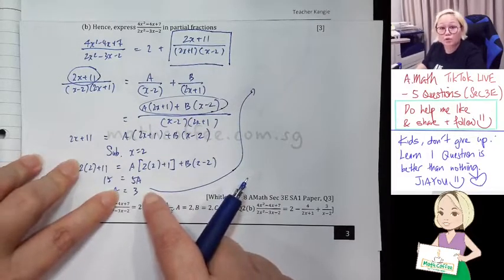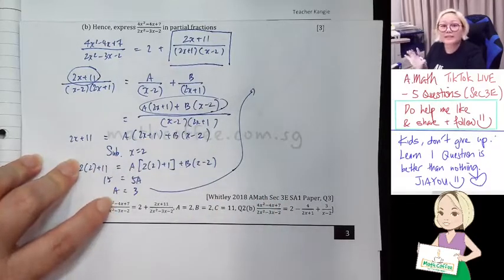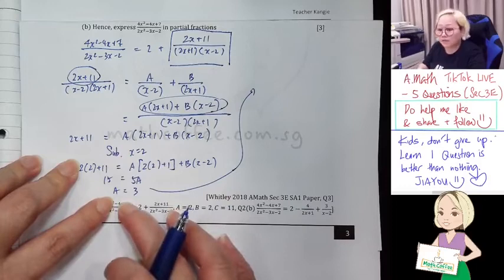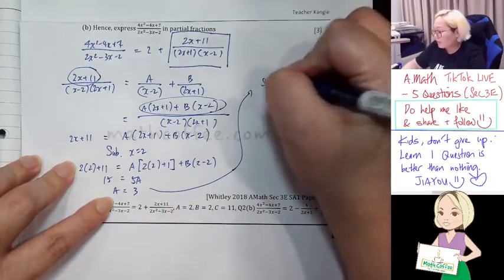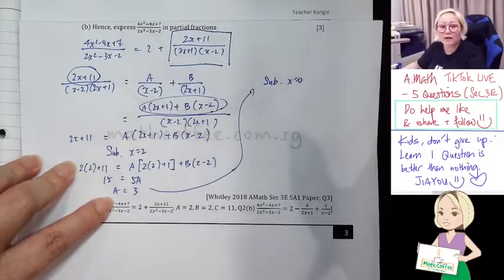Now if I choose any x inside, I will only have unknown B. That means it's a linear equation, so I can sub any x value. It's not necessary for me to make A disappear, since my A value is already here. So I choose to sub x equals to 0. Easy, right? Sometimes when I sub x equals to 0, a lot of terms disappear, and you can easily solve the equation.